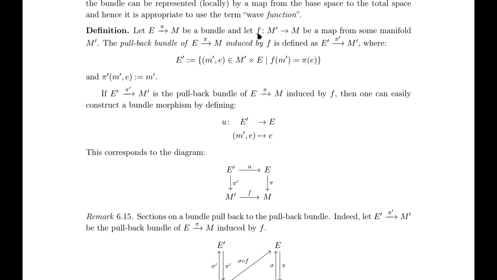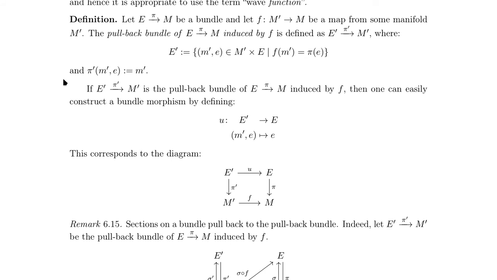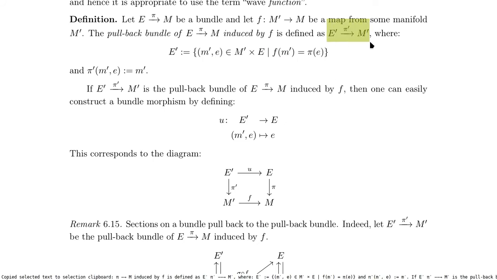Very roughly speaking, f is a substitute for how to move things from M prime to the base space, and this is a pullback. This is your E prime, and the new projection map is your pi prime. It takes these ordered pairs and gives you little m prime, like the projection. So that's your pullback.